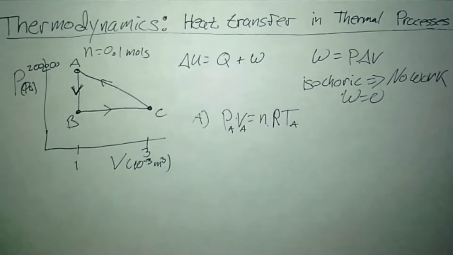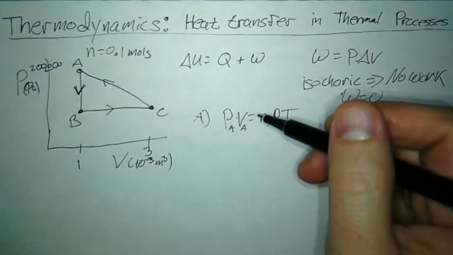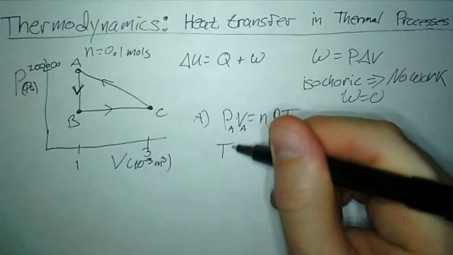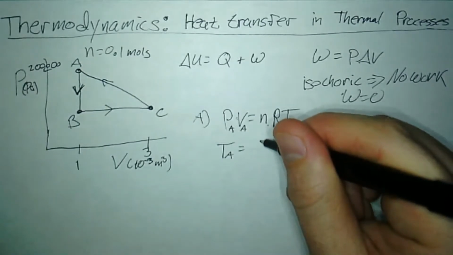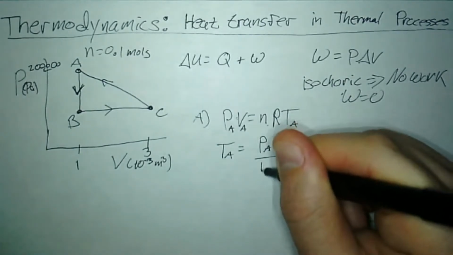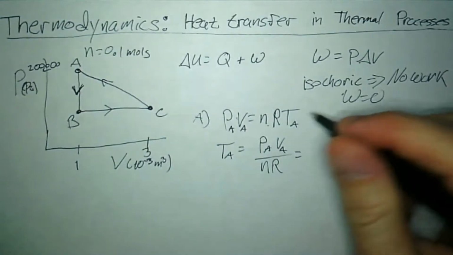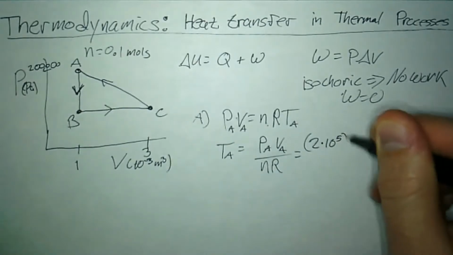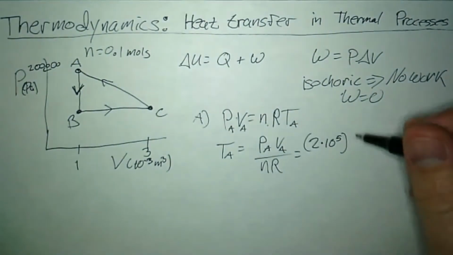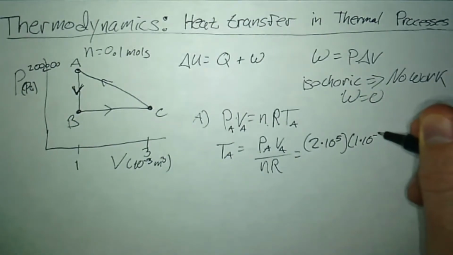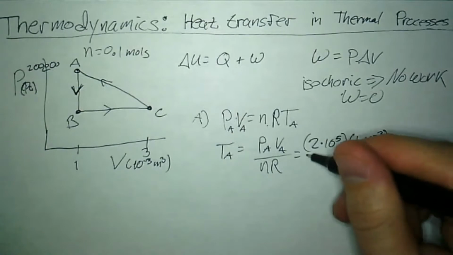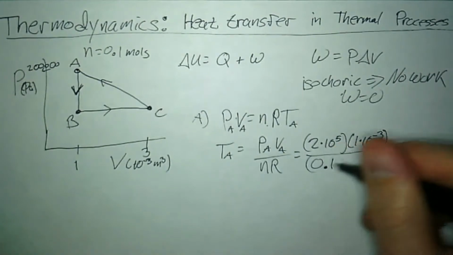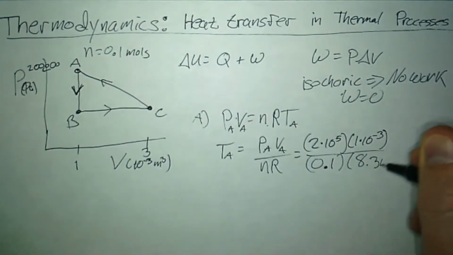So this will tell me the temperature at point A. If I want to solve for this temperature and plug in numbers, I'm going to get pressure is 2 times 10 to the 5th, the volume is 1 times 10 to the negative 3rd, n is 0.1, or I could write that as 10 to the negative 1 if I wanted to, and R, as always, is 8.314.